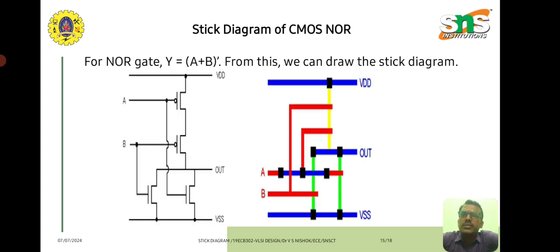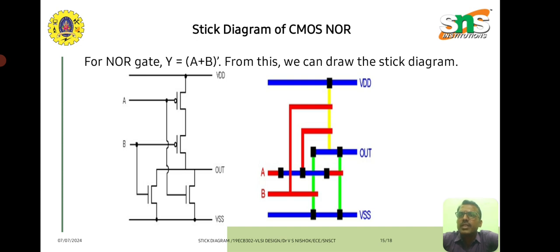A few examples based on CMOS logic. We are taking the 2 input CMOS NOR gate. NOR represents A plus B the whole bar. First we start with the static CMOS circuit, then we will move towards the stick diagram shown here.